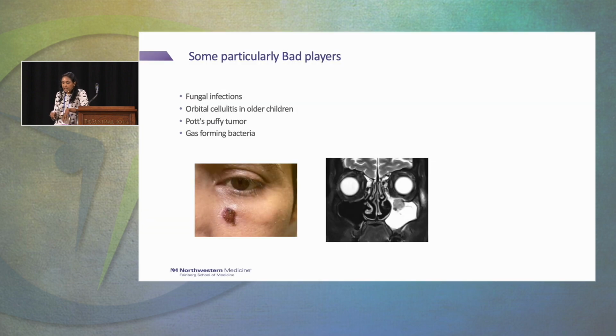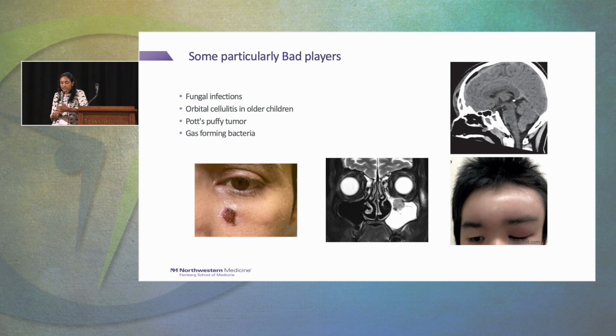So if they have a frontal sinus infection and superorbital signs, that's an indication this is not your standard cellulitis. You need to be considering surgical intervention much sooner. Here is an example of a Pott's puffy tumor, a frontal sinus infection with a superior subperiosteal abscess.